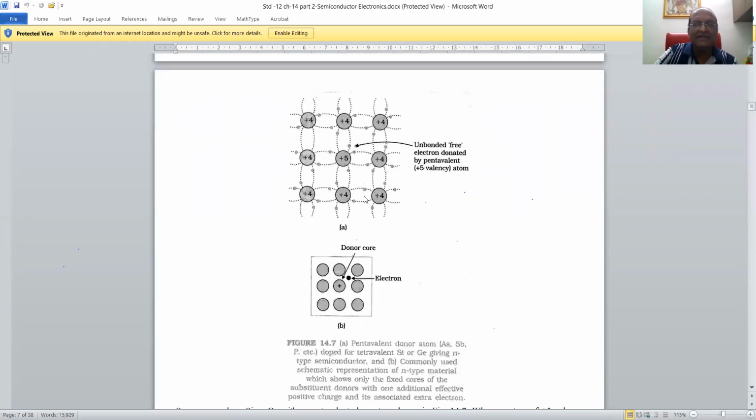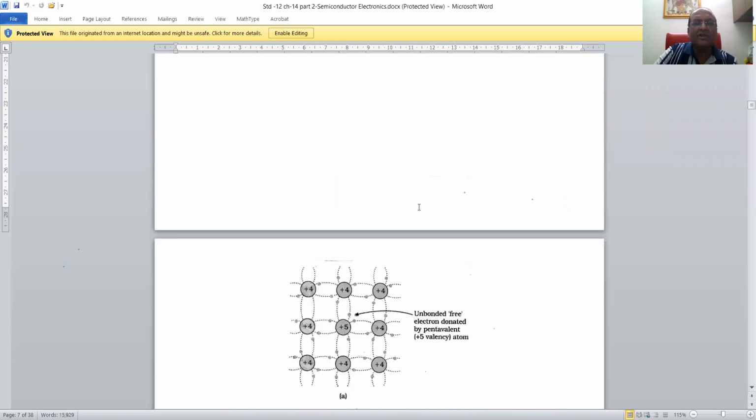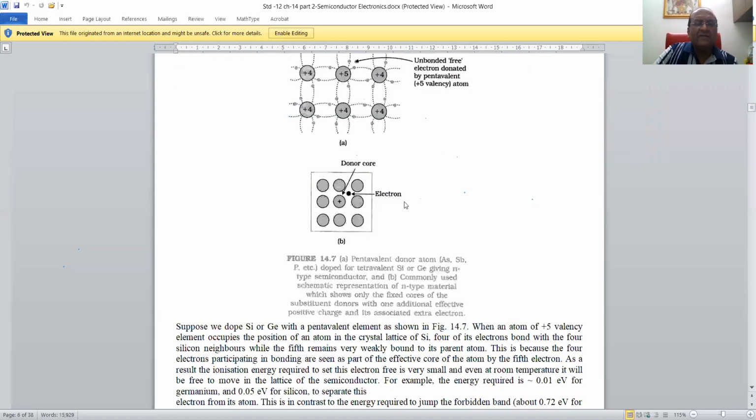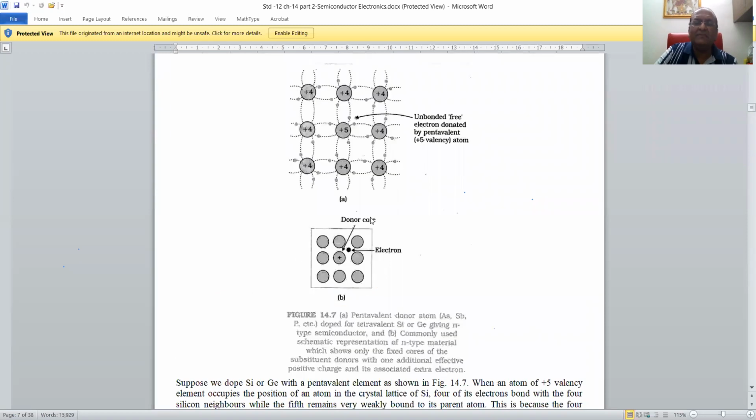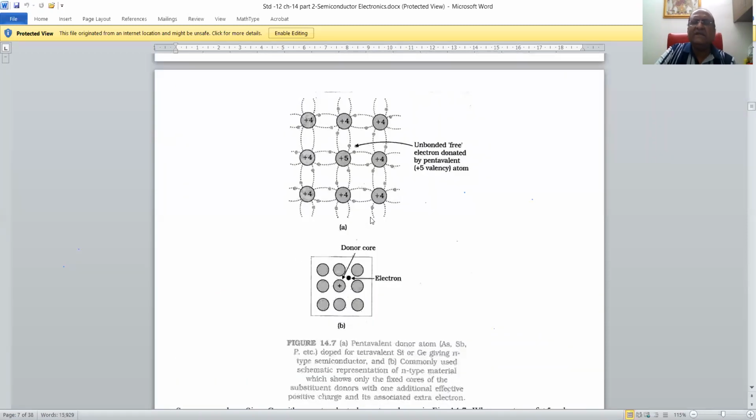Approximately the energy required to be free is 0.01 electron volt for germanium and 0.05 electron volt for silicon, to separate this electron from the atom. And this much energy is easily available at room temperature. Clear? તો ફિફ્થ ઇલેક્ટ્રોન જે છે એ ફ્રી થઈ ગયો.